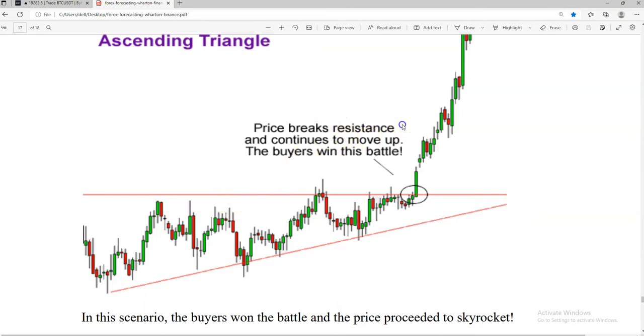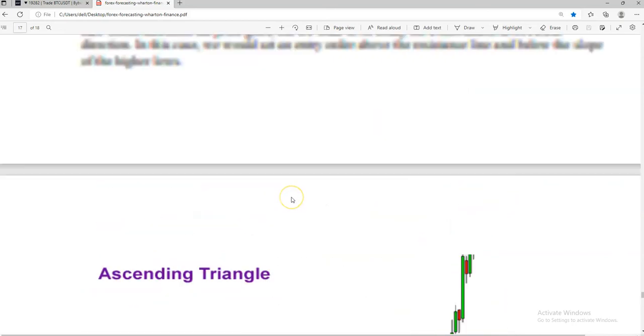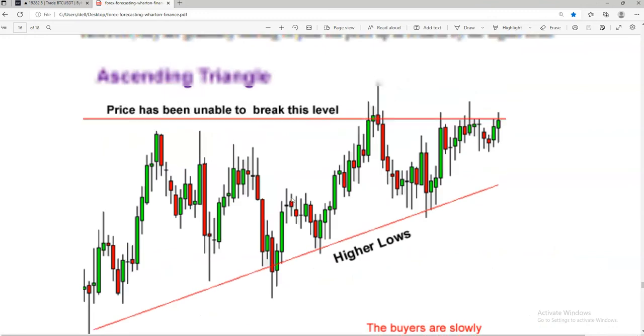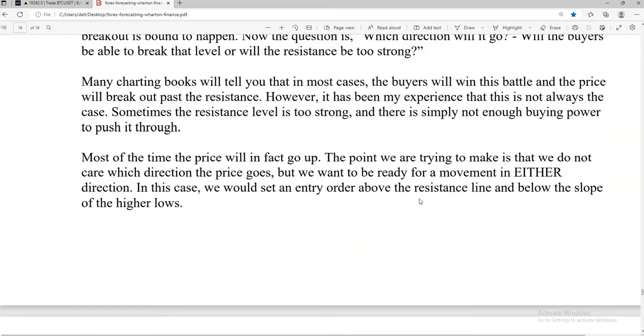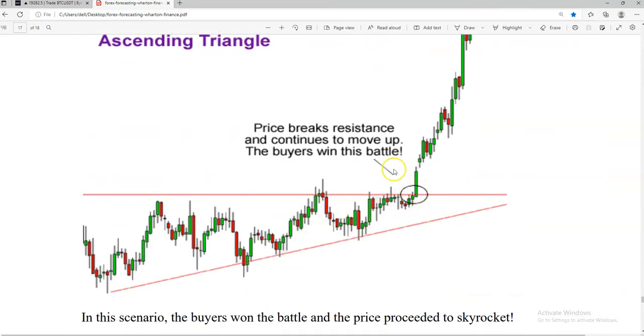It attempted two or three times to break the resistance point, just to measure it, and as soon as it breaks through the resistance level right here, you can start placing that order.